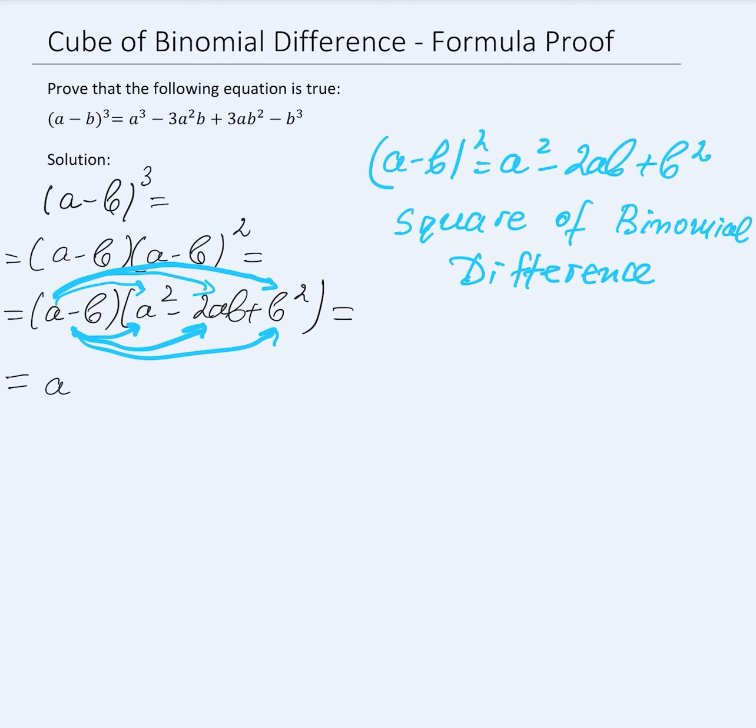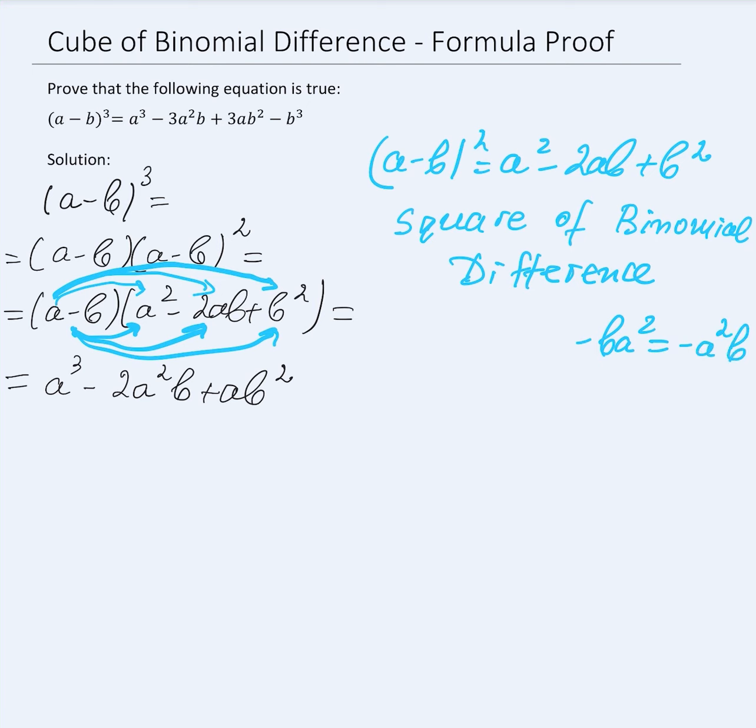We get a^3 - 2a^2b + ab^2. Then negative b multiplied by a^2 gives negative ba^2, which can also be written as negative a^2b.